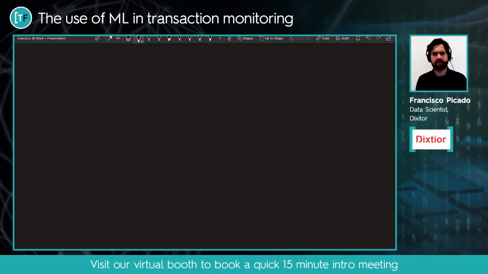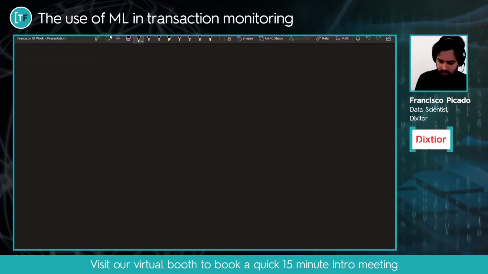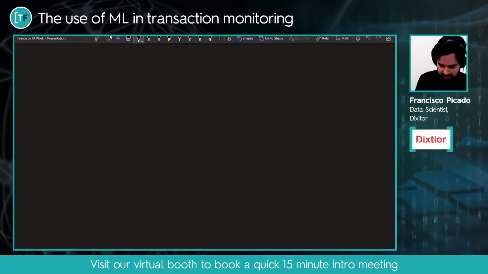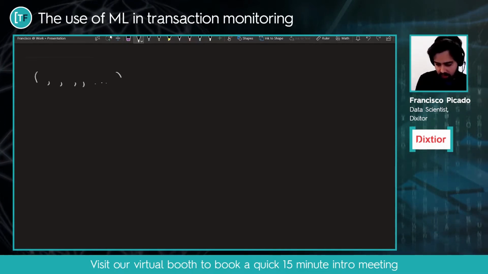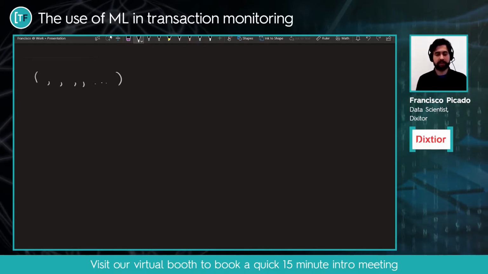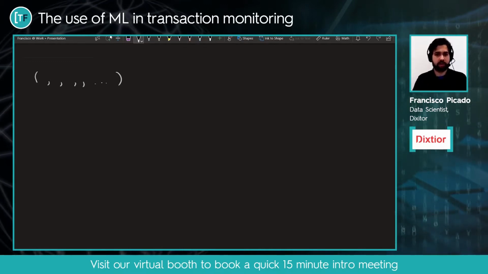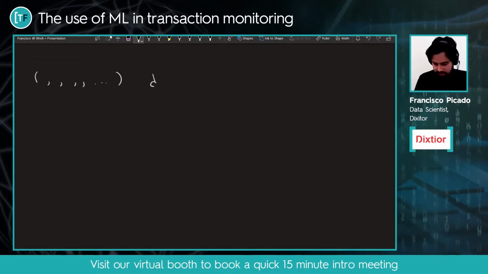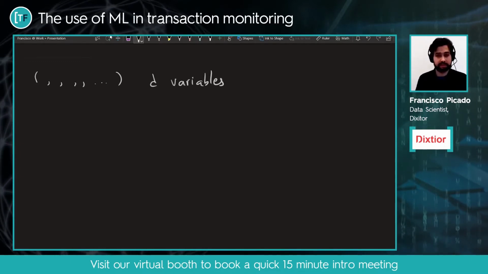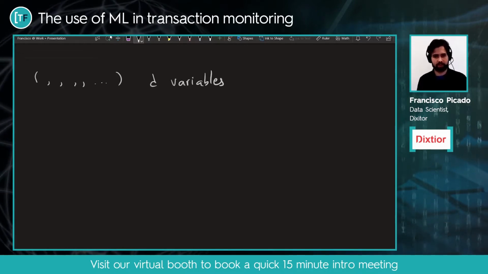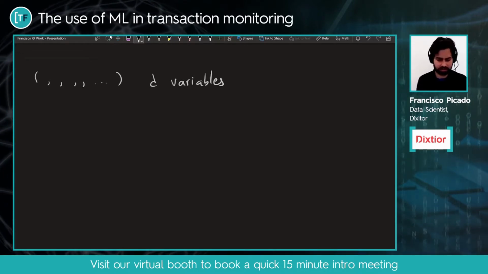But let's start from the beginning. We consider observations as vectors with d coordinates. Those coordinates correspond to the variables that are decided by the business experts. d is usually a natural number, so don't worry about that.